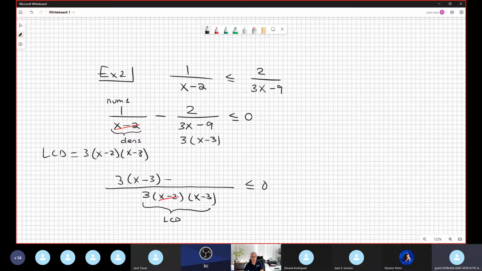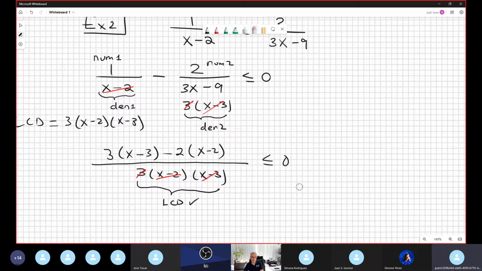When you divide this LCD, one more time, by denominator 2, I call it denominator 2 because it's the second fraction, it's obvious that the 3 is cancelled and x minus 3 is cancelled. Now multiply by the corresponding numerator, which is 2, so 2 times x minus 2. Of course, I put this arrow to explain that this is cancelled when you are doing this, but this stays alive.